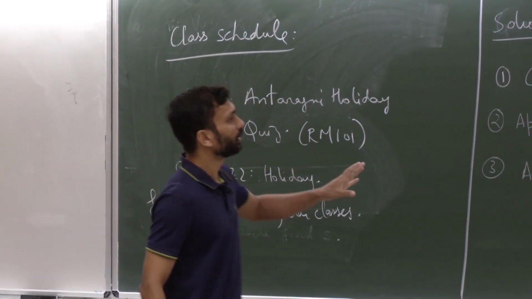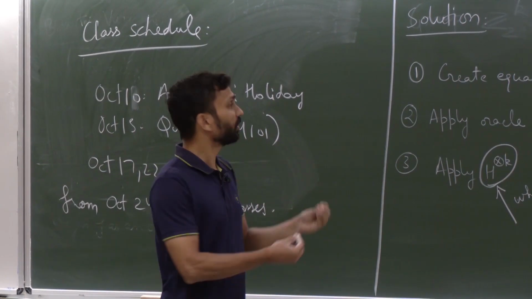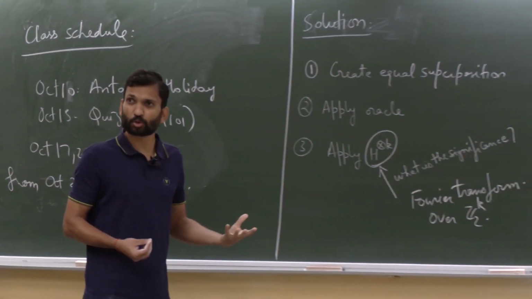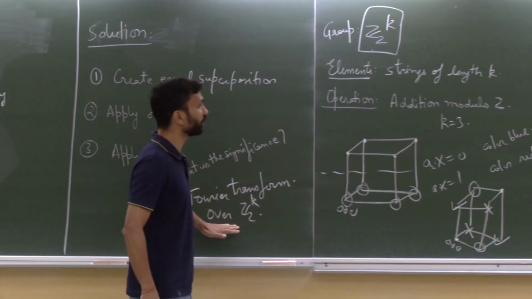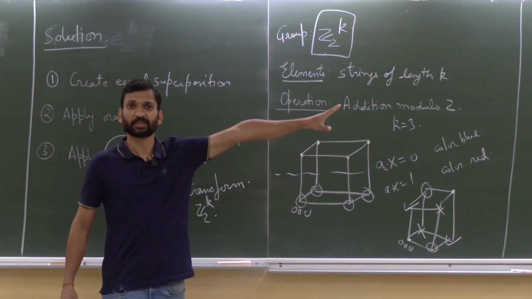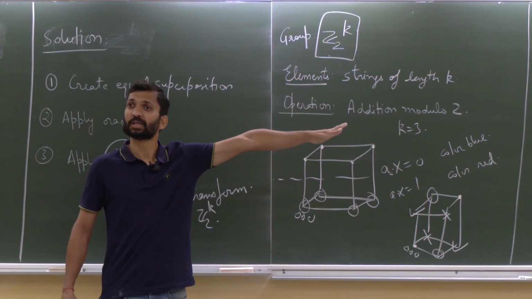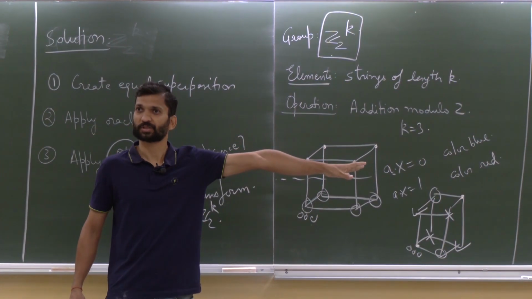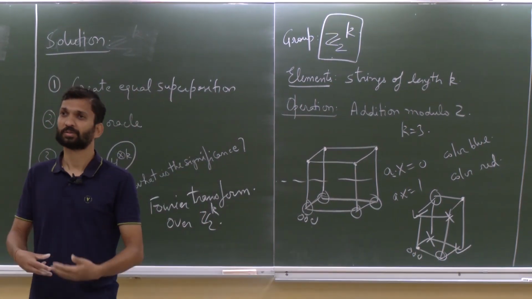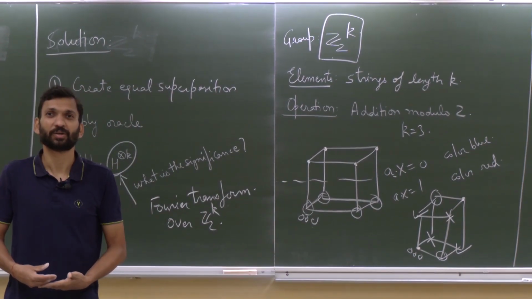So now, I have told you this story that we have this nice group Z2 to the power k. For this group, since we have the Fourier transform, we can reveal the subgroup given the partition as a function. Now, if you are a researcher, what will be your thought?